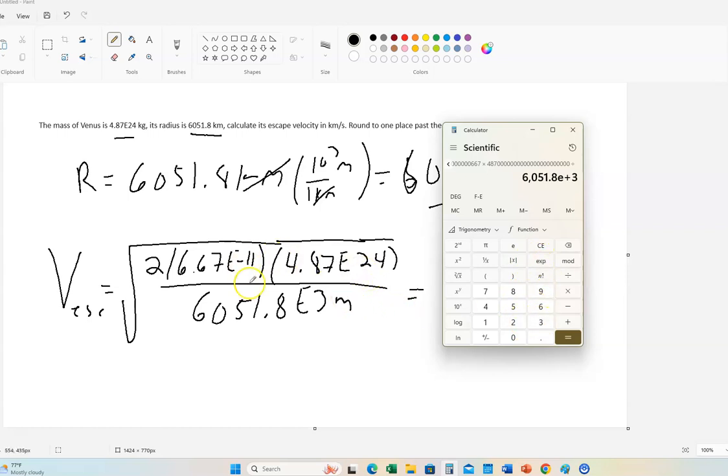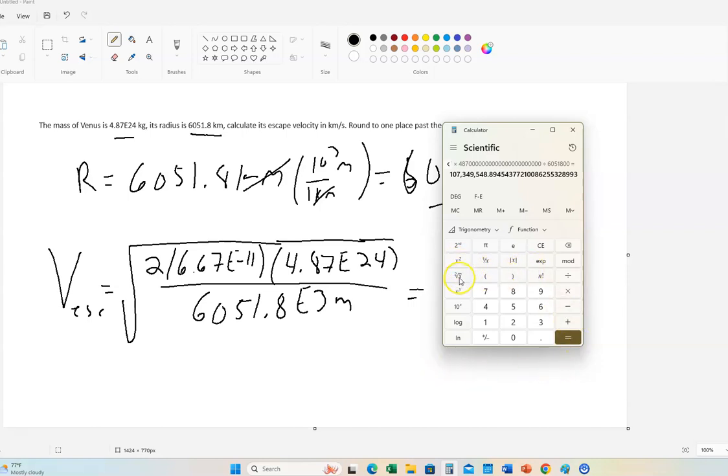So this is what's underneath the radical. Then we take the square root of that, and the answer comes out in meters per second, right? So it's going to be something around 11,000 meters per second.